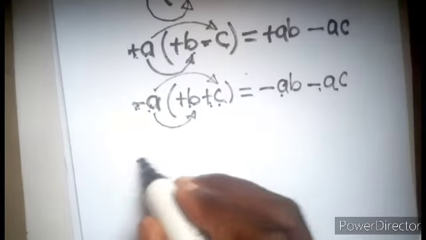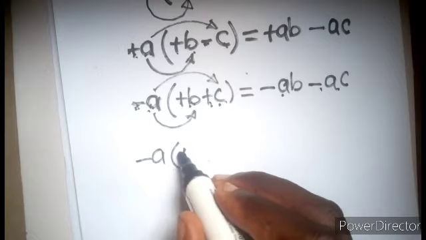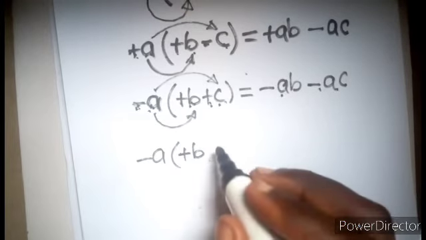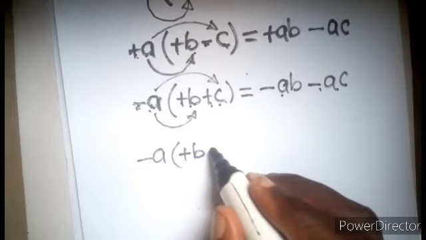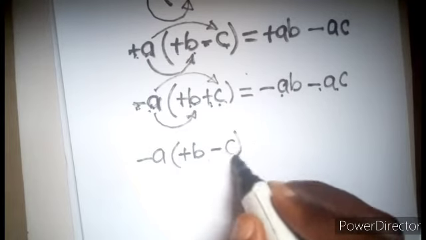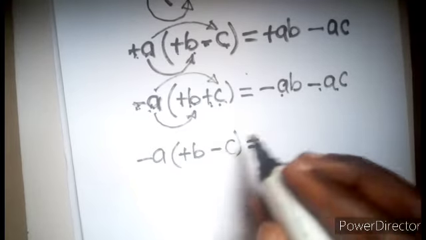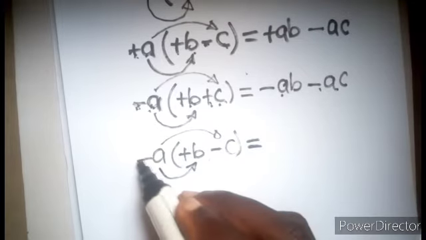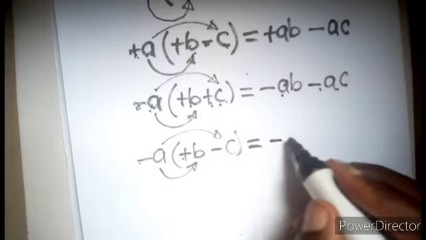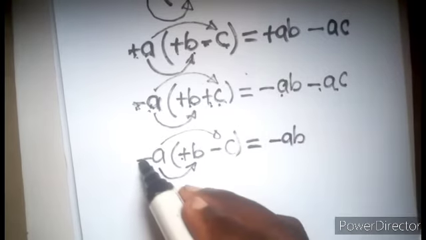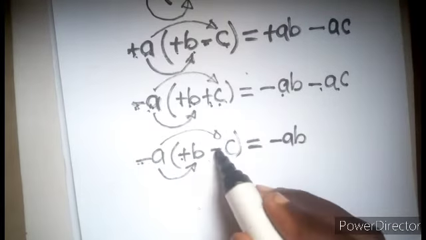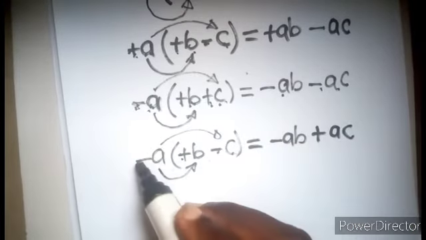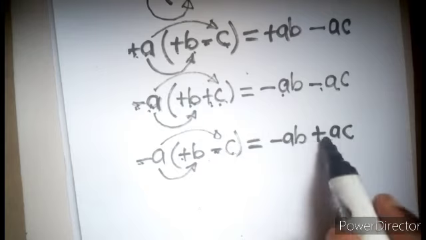Finally, negative a times positive b minus c will give us what? Following the same approach, we have negative a times positive b being negative ab, and negative a times negative c giving us what? Positive ac, because negative times negative is positive.